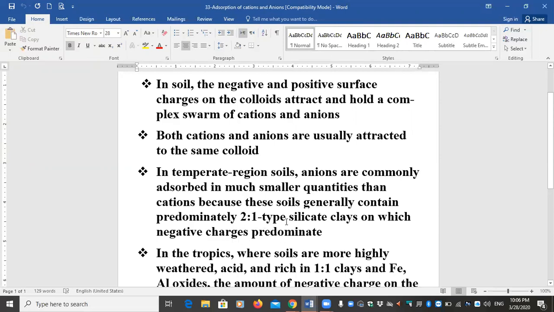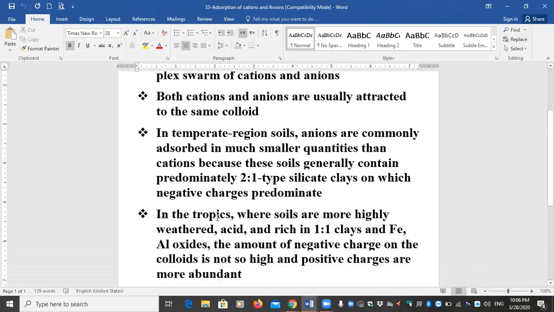If you remember, we said the positive charges are mostly on humus, 1-to-1 and iron and aluminum oxides type of clays or colloids. But if you have mostly 2-to-1, if they are the dominant ones, then we will have mostly negative charges. So we talk about cation exchange and cation exchange capacity.